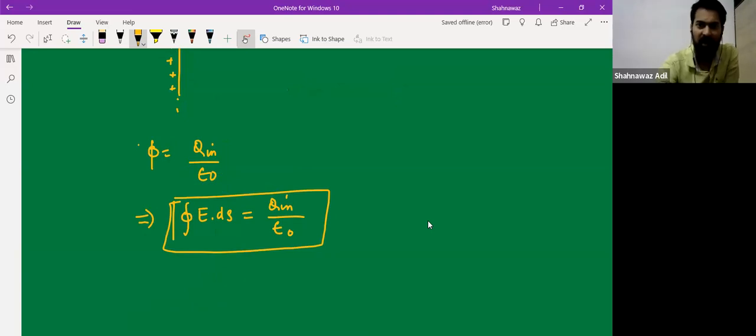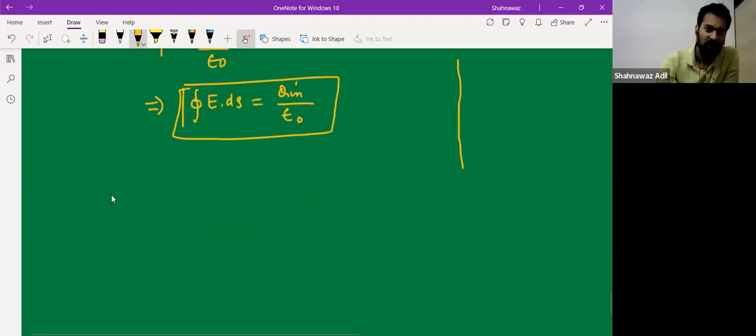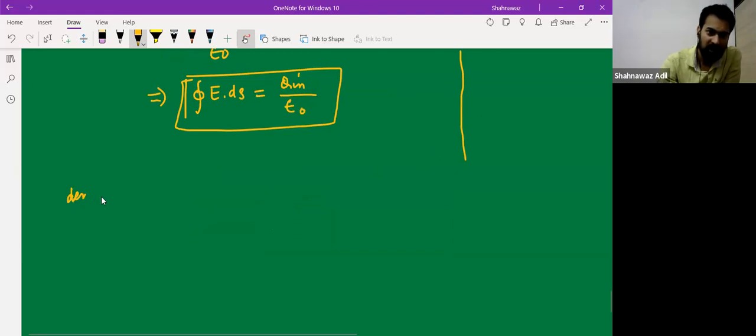So you have linear charge density, right? When I say linear charge density, we represent it as lambda. Density we know, right? You know what density is. So density is something by something.